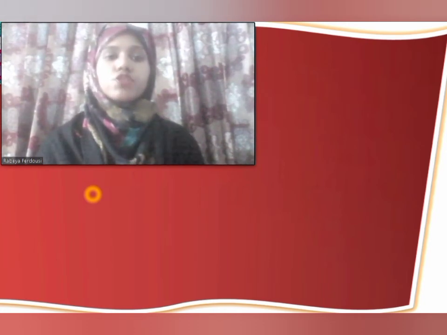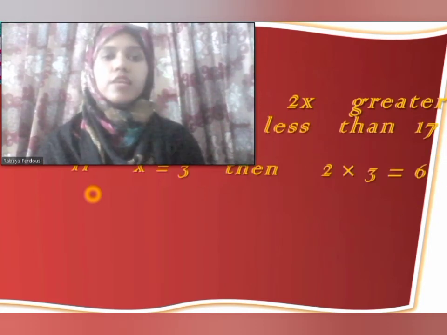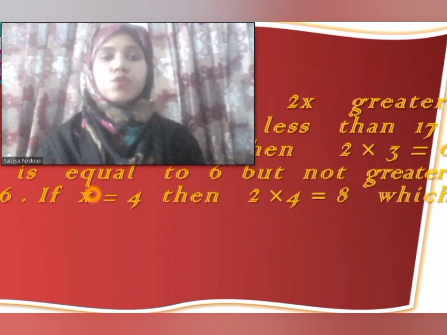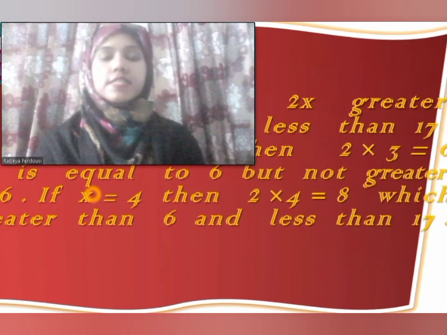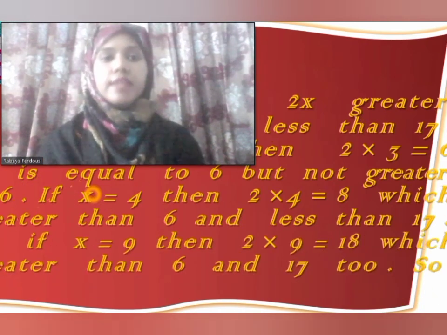If x is equal to 8, then 2 into 8 is equal to 16, which is greater than 6 and less than 17, which fulfills the condition of set C. If x is equal to 9, then 2 into 9 is equal to 18, which is greater than 6 and also greater than 17, too. So, in today's discussion, we can say set C is equal to 4, 5, 6, 7, 8.